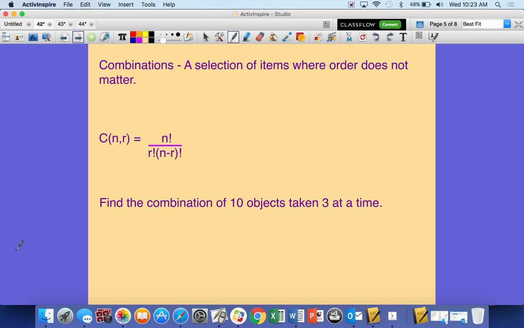Find the combination of 10 objects taken 3 at a time. We still set it up the exact same way. 10 for total number of objects, C, and then we want groups of 3. So our 3 is our r value, equals 10 factorial over 3 factorial times 10 minus 3 factorial. Alright, and then we just multiply those out.